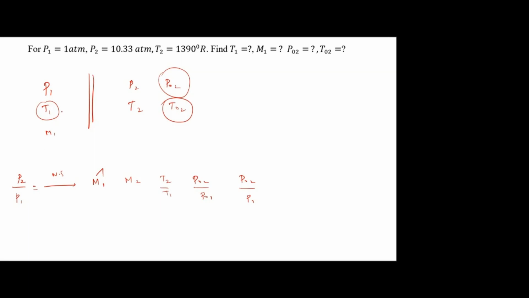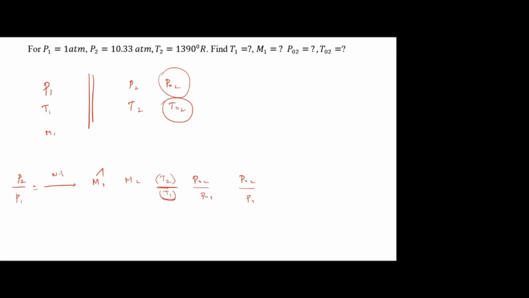How to find T1, P02, T02? We have T2, so we can find T1 from the ratio T2 by T1.